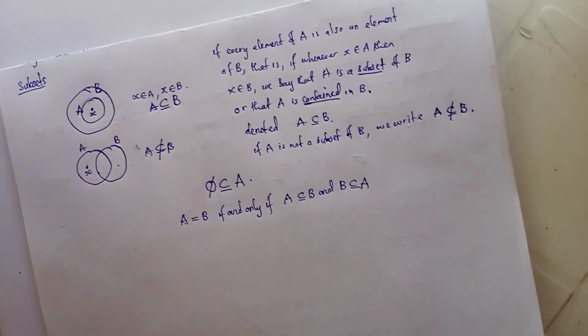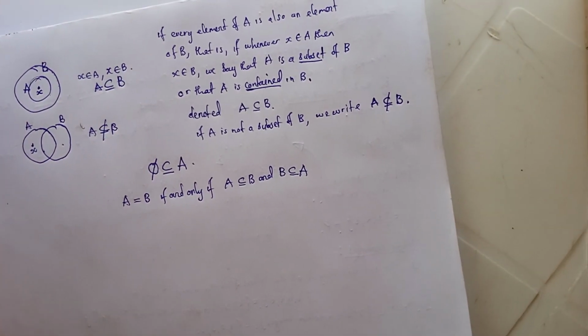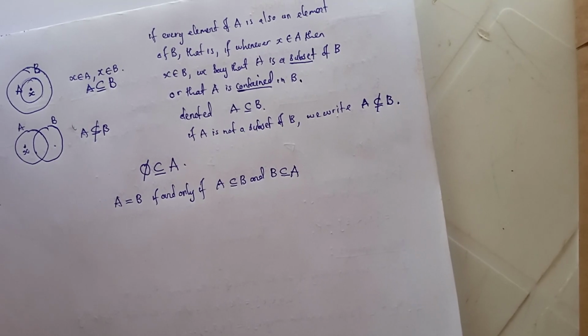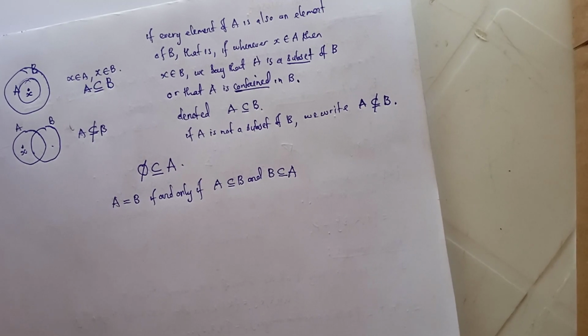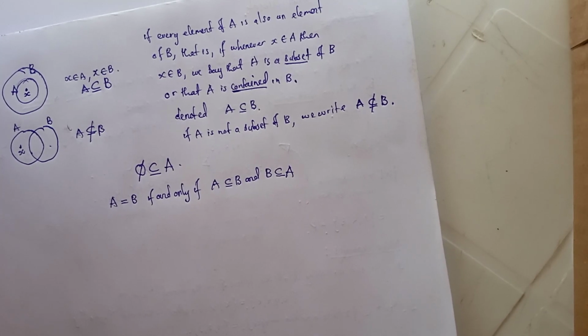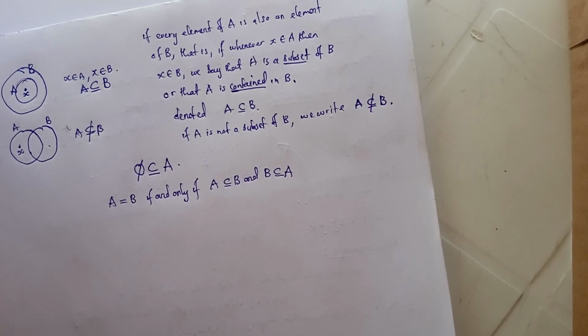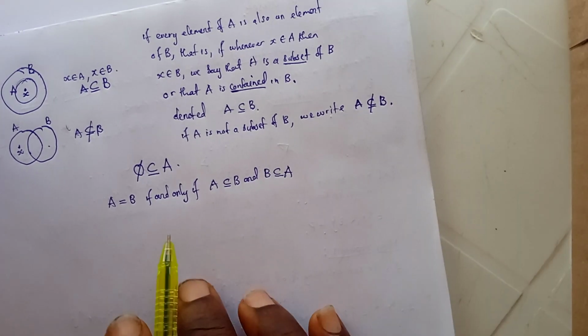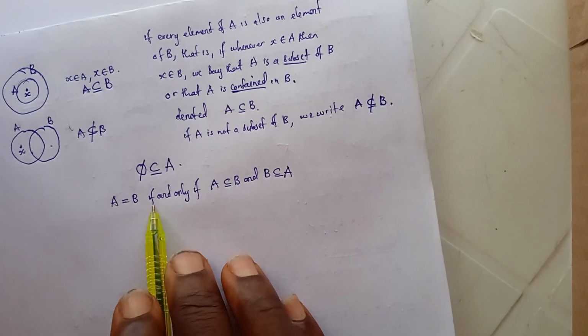A equals B provided these two conditions hold, that A is in B and B is in A. This simple statement is the basis for the proofs of many statements about sets that have to do with one being equal to the other.